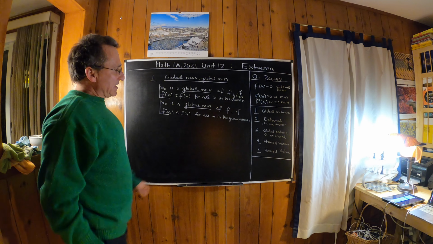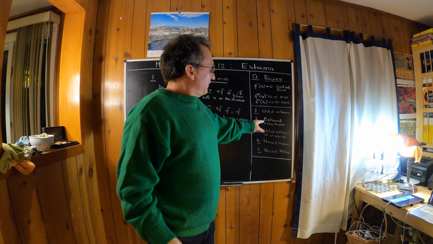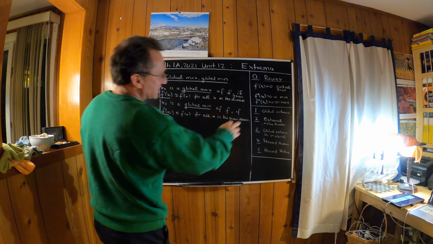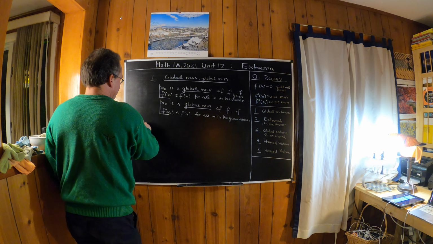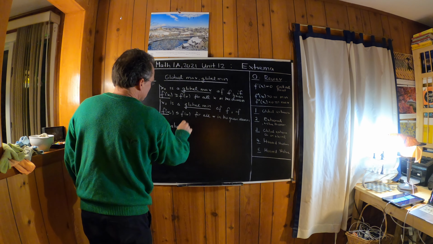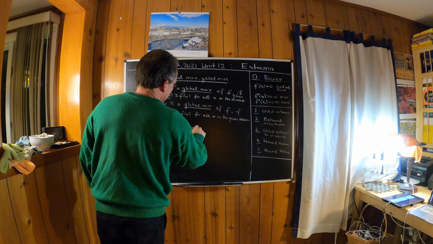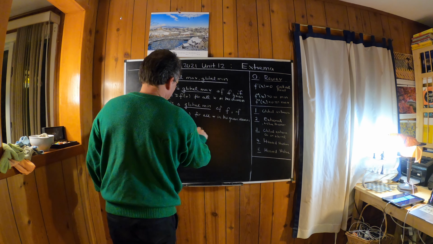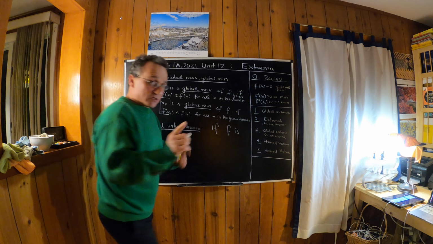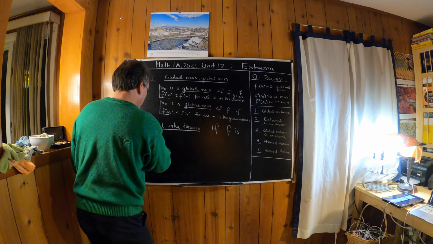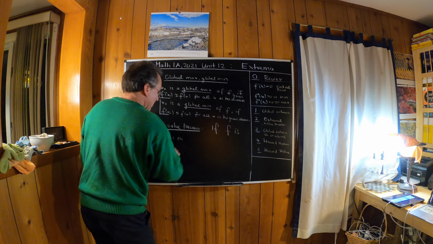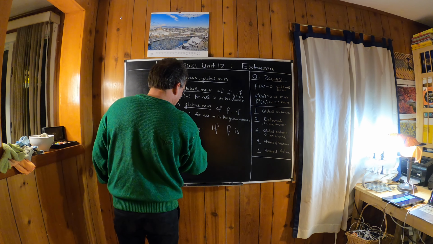And there is an important theorem which is due to Bolzano, and it's called the extremal value theorem. So if f is continuous, we don't even need differentiability, but it's given on a closed interval.